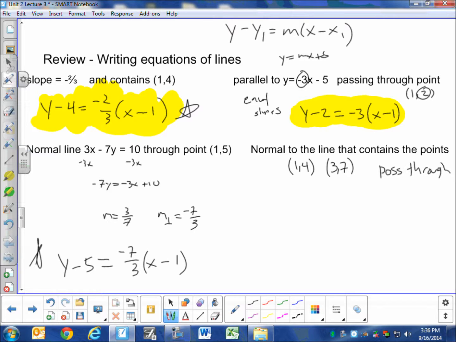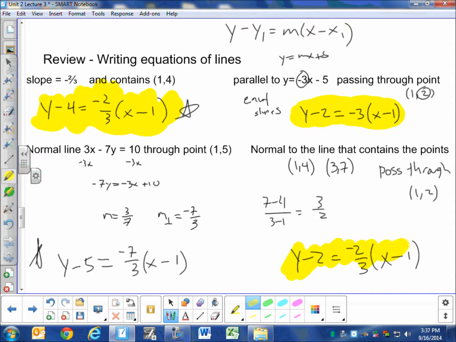Let's say, let's go back to 1, 2. So these 2 points make up a line. We have to find the slope of this line. The rise over the run, or the change in the y's over the change in the x's. That's 3/2. Normal to a line with this slope passing through this point would be y minus y1 equals m times x minus x1.